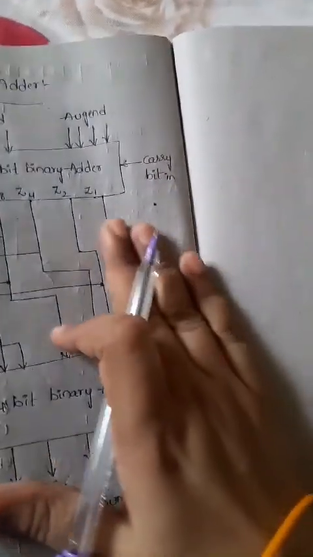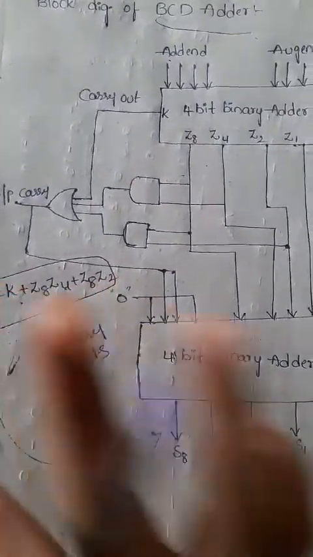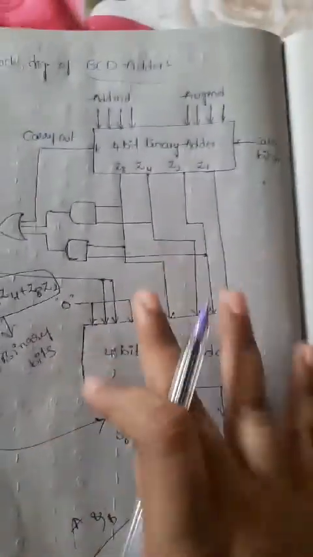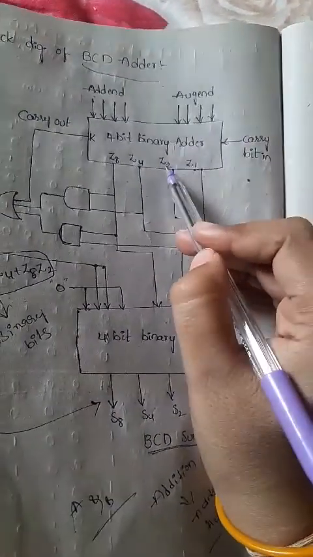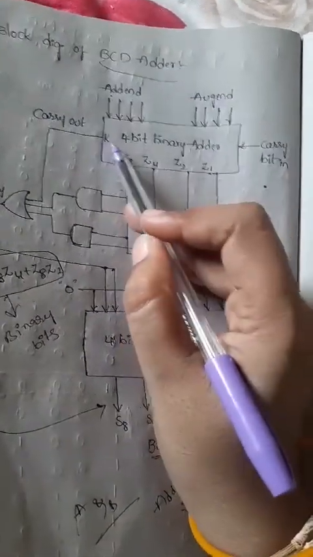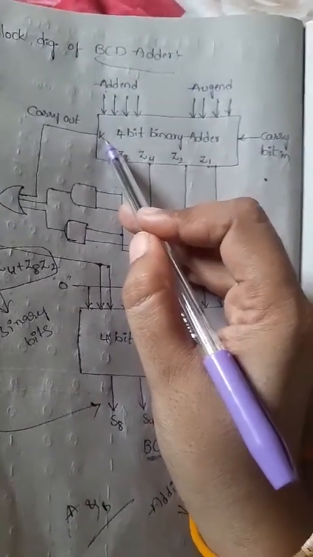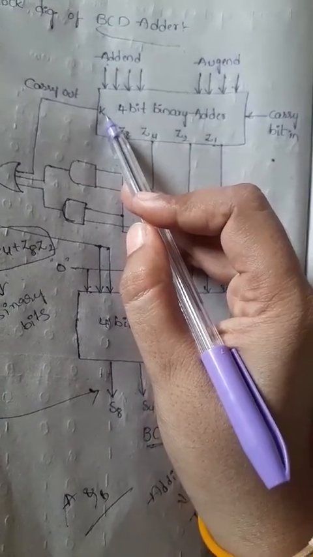Here we are taking binary numbers, represented like Z8, Z4, Z2, Z1 and K, which is the carry bit. They are the bits of the binary representation. That's why we are calling this box the binary sum.